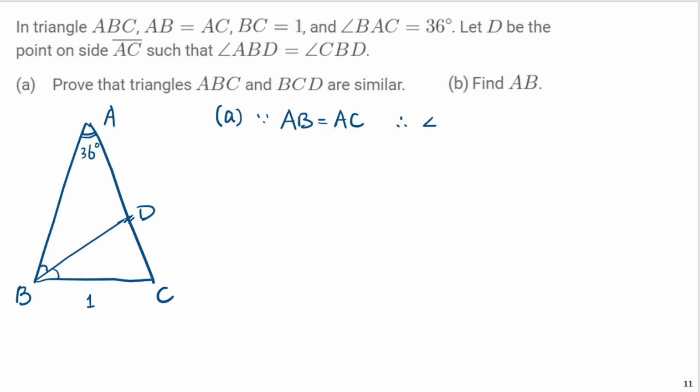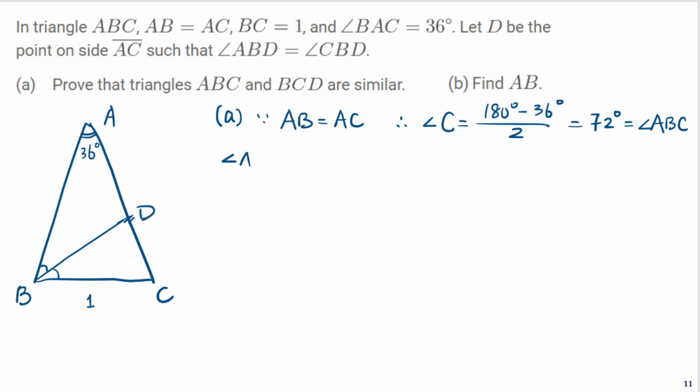So let's see if we can find that angle. So angle C is 180 degrees minus 36 degrees, over 2, right? Which gives you 72 degrees, which also equals angle ABC, right? Can you follow me?